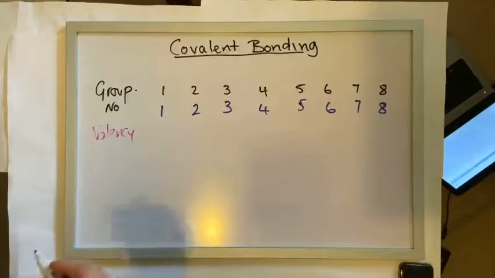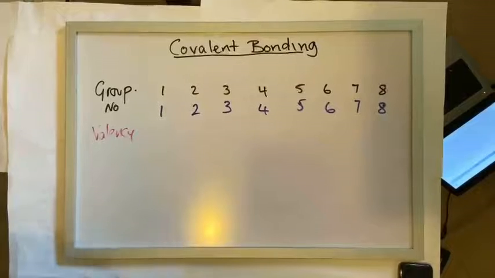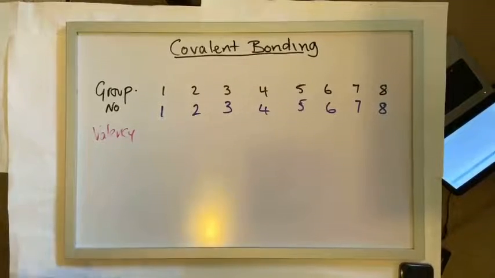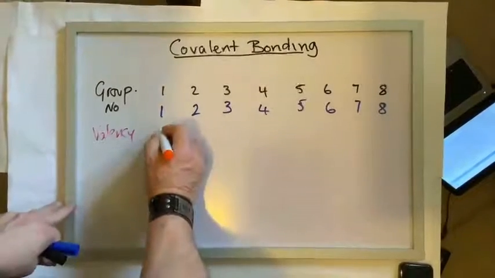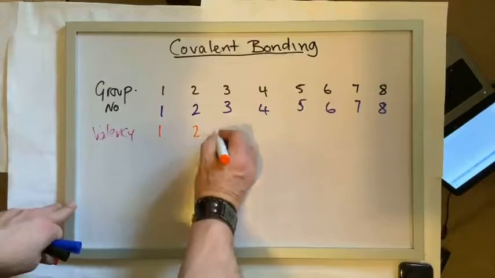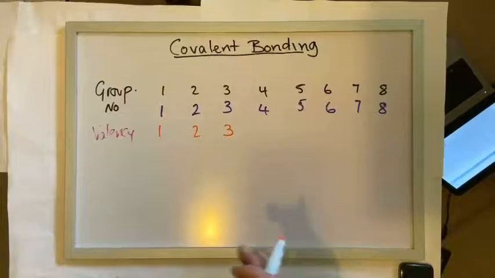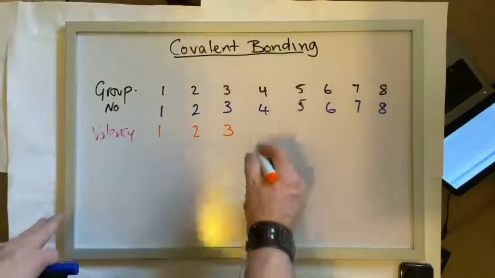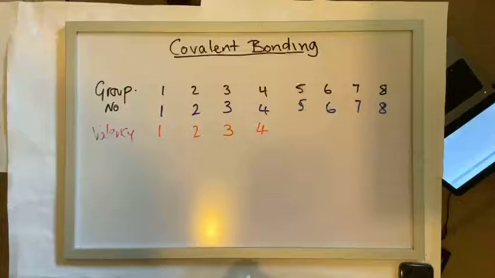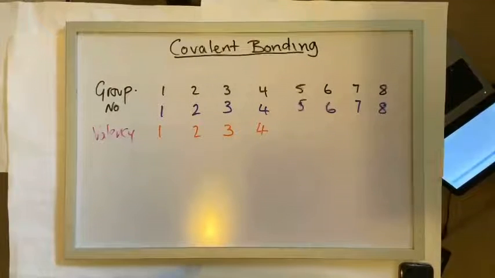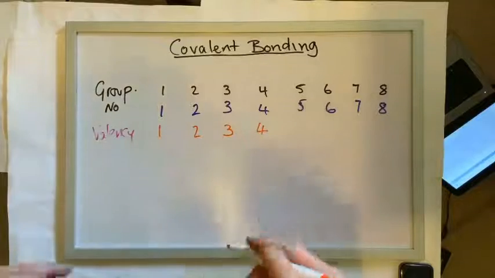So it's easier for them to lose those. In the middle, it's the middle. And it's easier for elements in group 5 and above to gain, to give you 8.